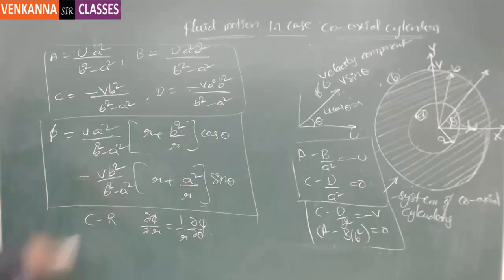So the value of c, is it not vb minus vb square by b square minus a square? Rishi? So what is the value you have calculated? So instead of b square, it is a square.